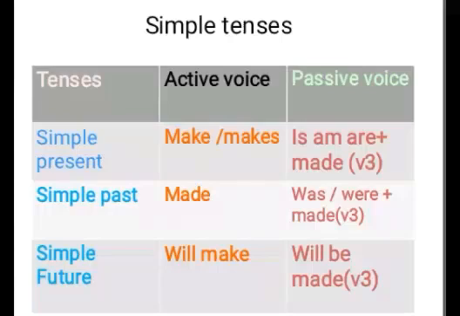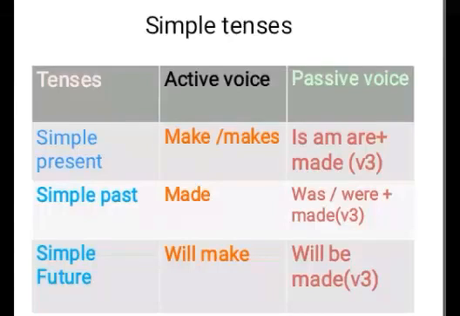With an example of the main verb make, let's look into the different helping verbs as per the tenses one by one. Simple present tense: make or makes. Make is a base form with plural subject and makes with singular subject in active voice, and in passive voice am, is, are depending upon the number of the subject plus V3 made.